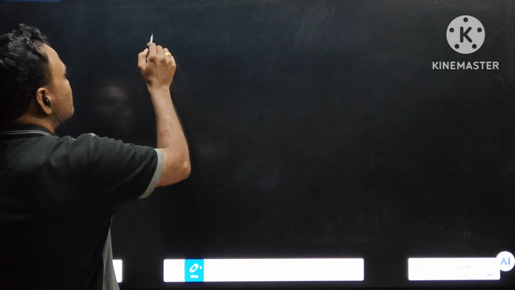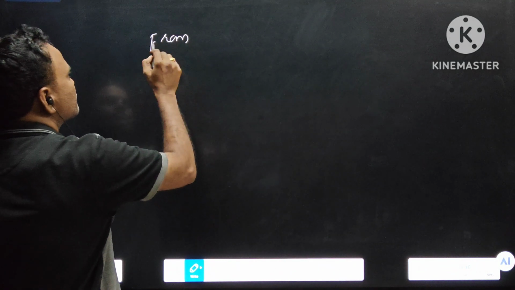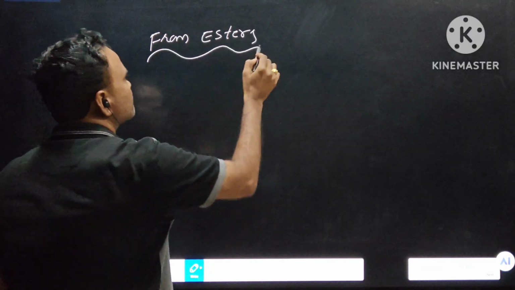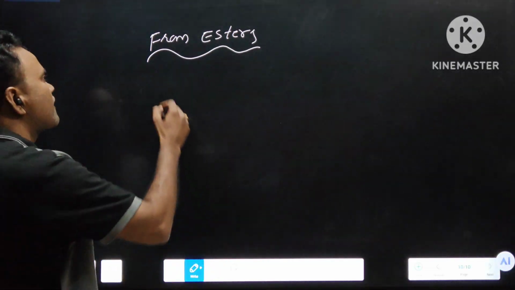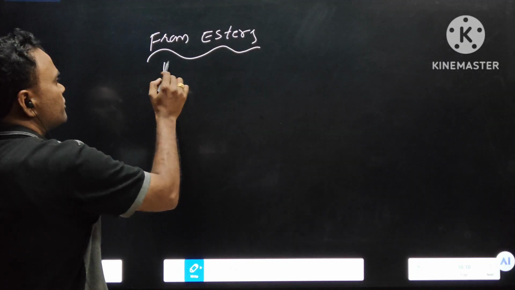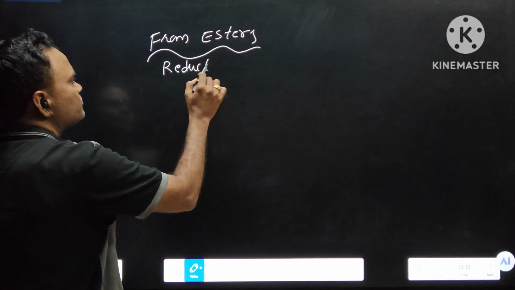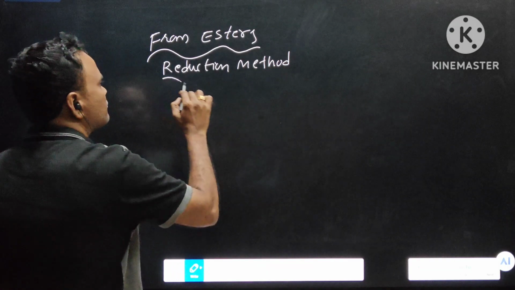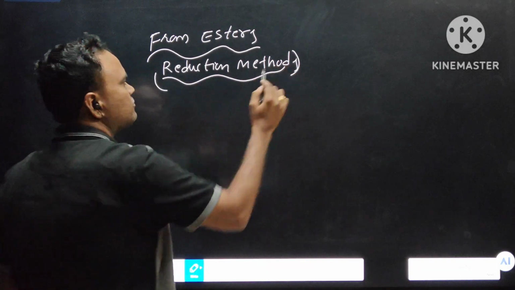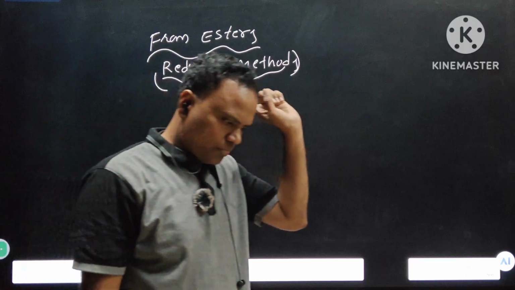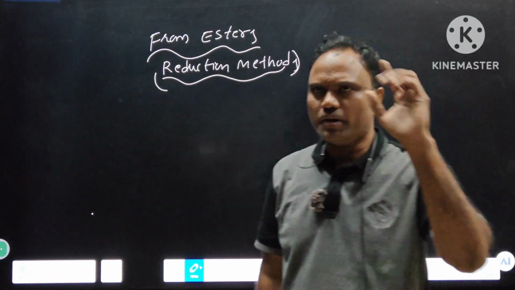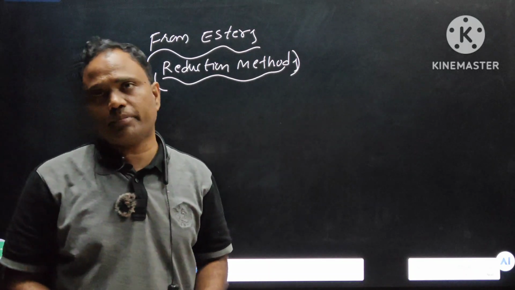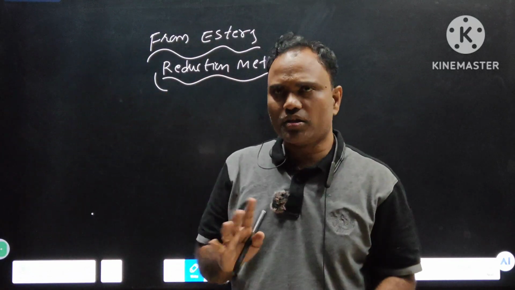From esters, listen carefully. Here also we use reduction methods only. From carbonyl compounds also we prepared by using some reducing agents, right? Lithium aluminum hydride, sodium borohydride, sodium in ethanol. That is the Bouveault-Blanc reduction. I will give it, wait for some time.